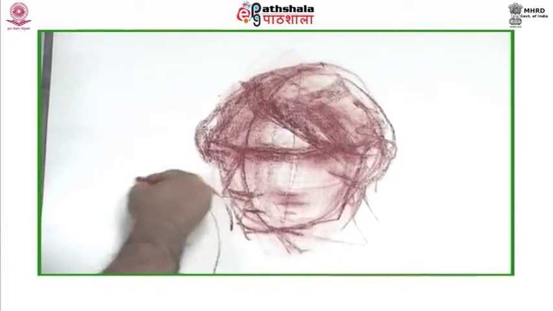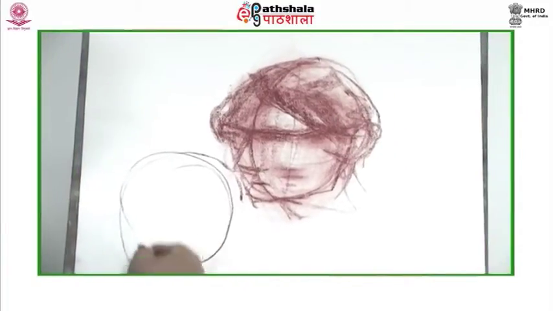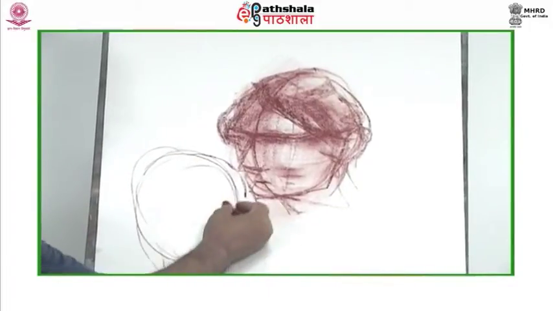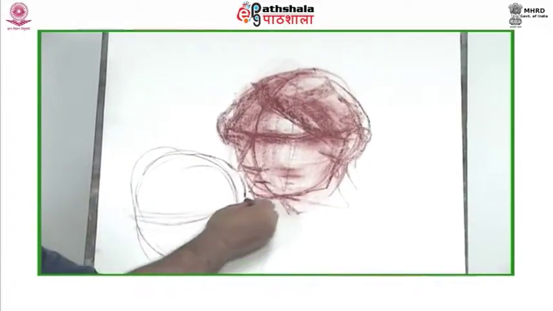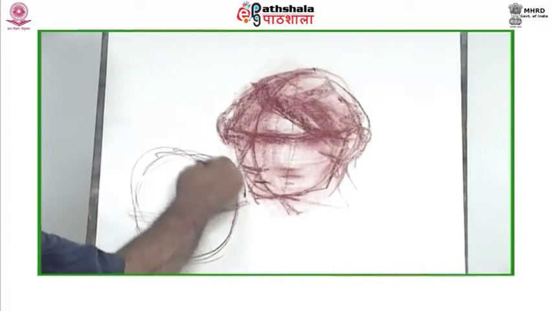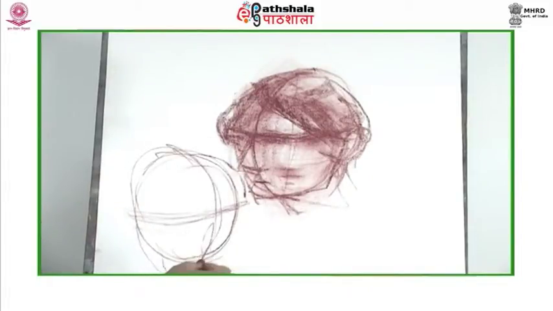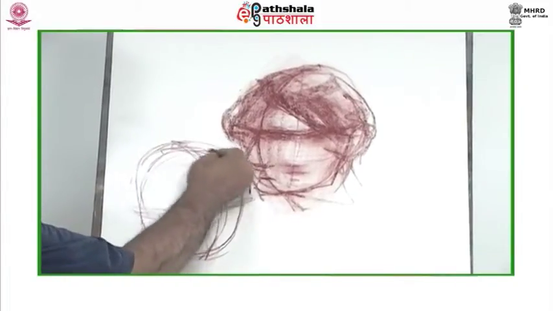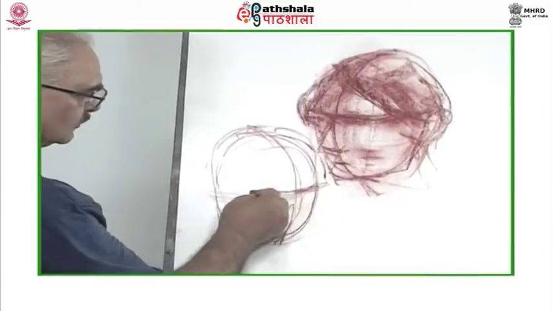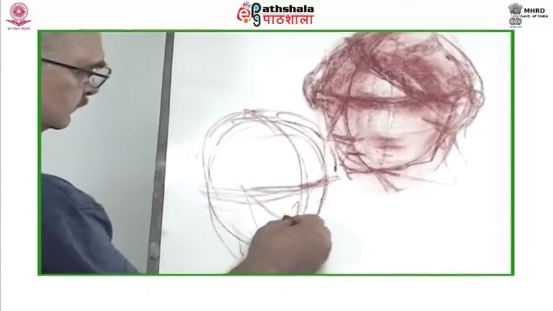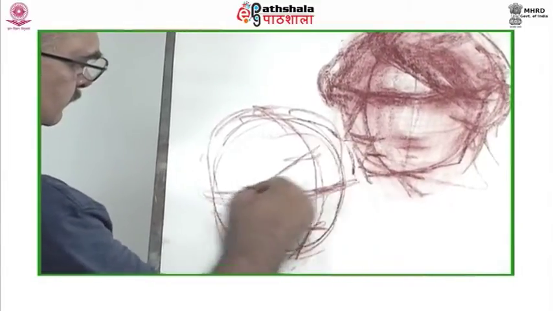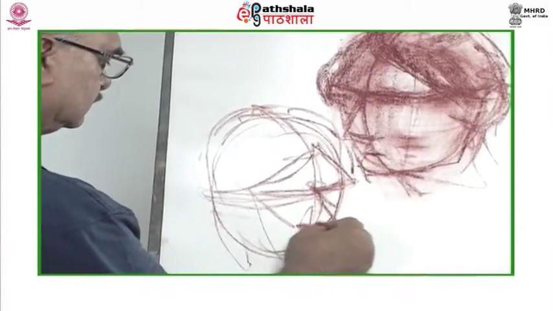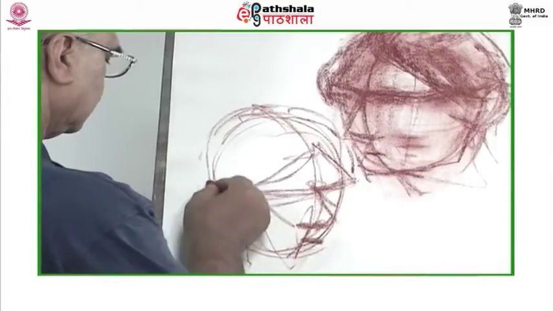I will draw another oval shape head and make similar division to place the facial features. Eyes, nose and mouth will be placed on the oval form viewed as a profile partially.